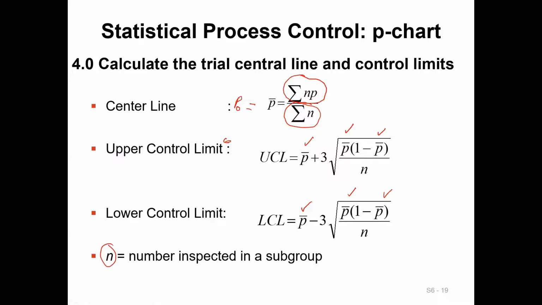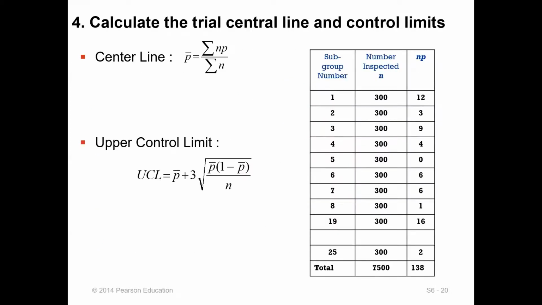So let's look into the example. As I mentioned in the previous slide, at this moment we are discussing how to apply the P chart for the scenario of consistent sampling size. In this case, the sample size is consistent. The number of samples inspected per subgroup is 300. In total, you have 25 subgroups.